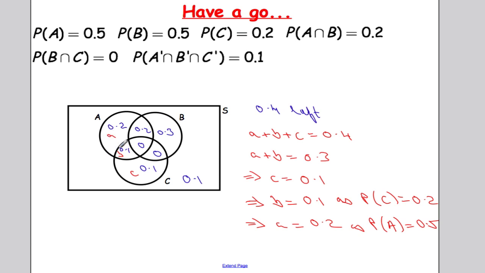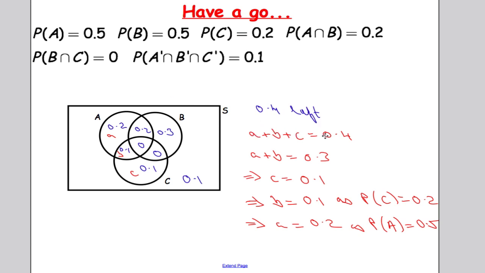And then what I did was I labeled the other bits a, b, and c. So I counted up what I had. 0.2, 0.3, and 0.1 gives me 0.6. That means a, b, and c have 0.4 to fill out. Right, there's 0.4 left because the total probability of the sample space is 1.